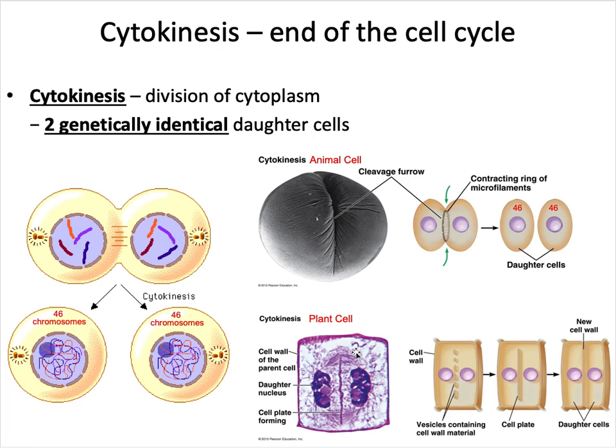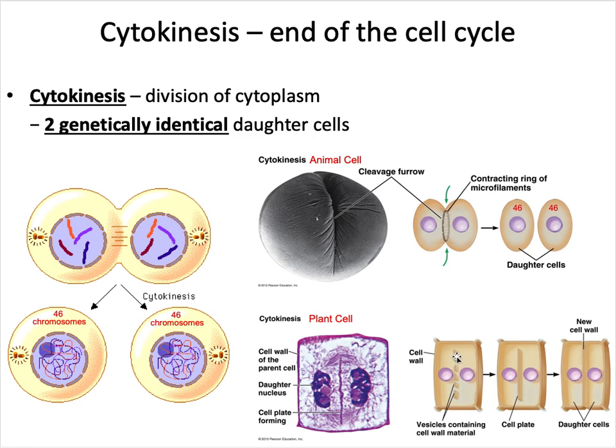For the plant cell, it's a little different for cytokinesis because the plant cell has a special structure, the cell wall. So what happens in the plant cell, after it's gone through mitosis, is it'll have these vesicles from the Golgi apparatus that contain cell wall material, which is just cellulose.